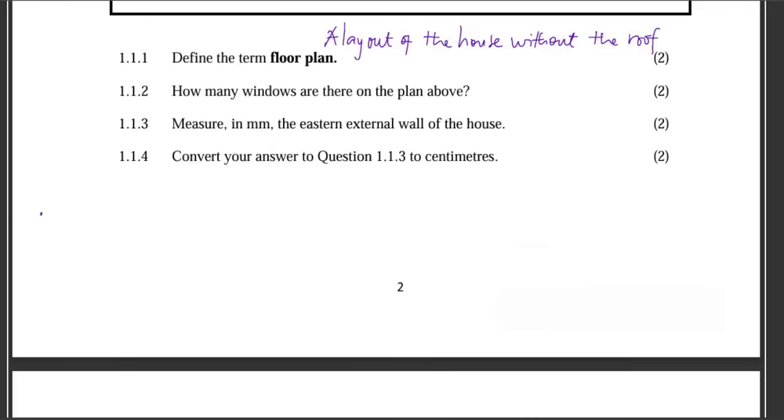You can say that, or any other definition or answer towards that. Someone can say it's a house plan, which is fine.